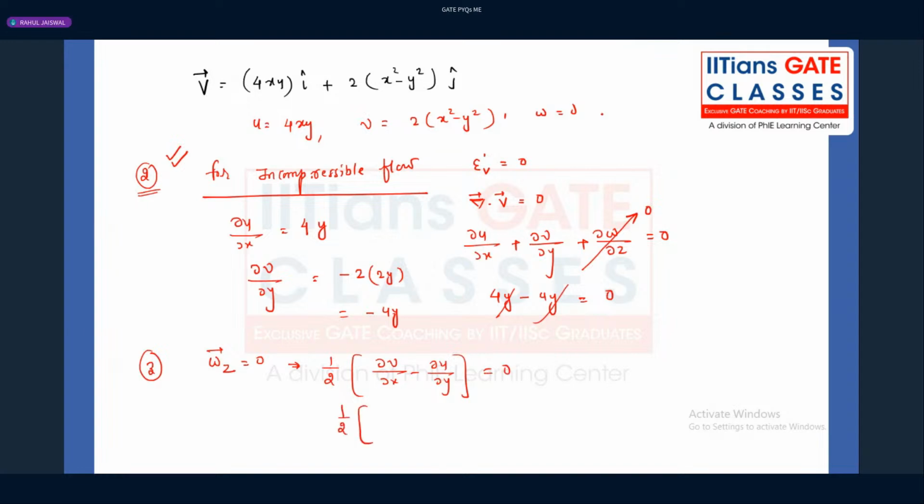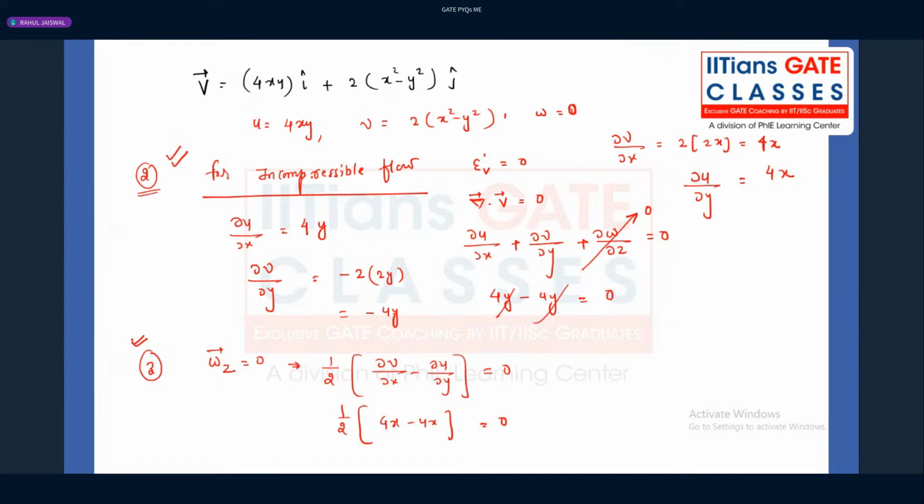What is dou v by dou x? It is 2 into 2x, which is nothing but 4x. What is dou u by dou y? 4x. So 4x minus 4x is equal to 0. So again, it's an irrotational flow. The third option is also correct.